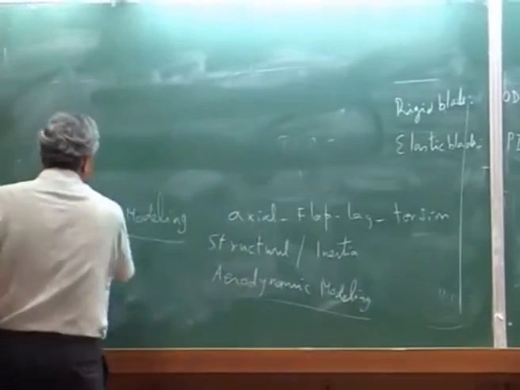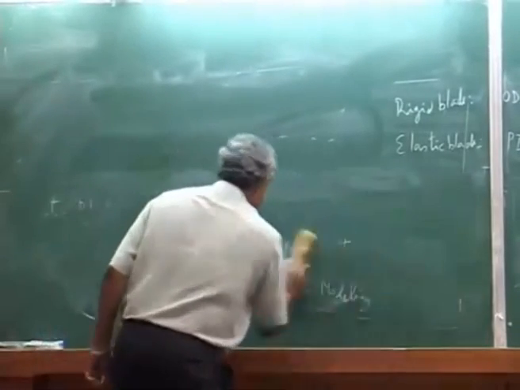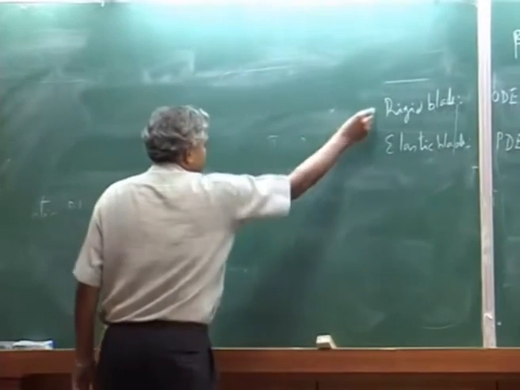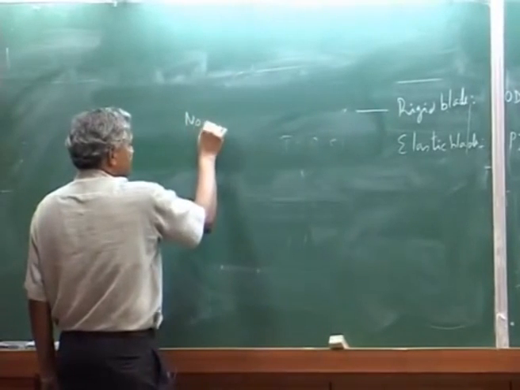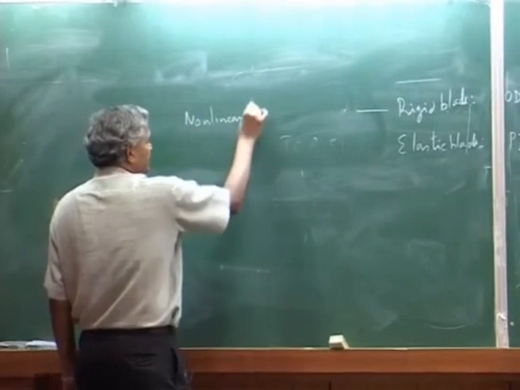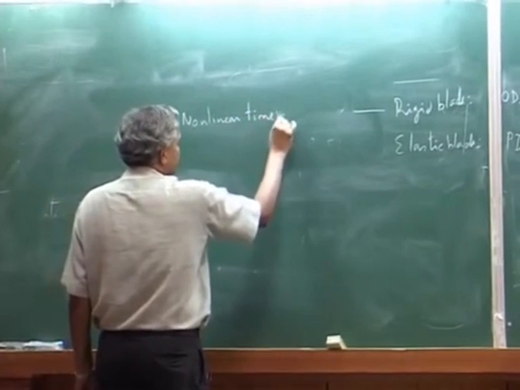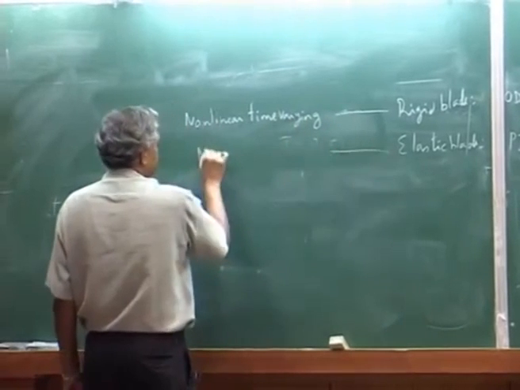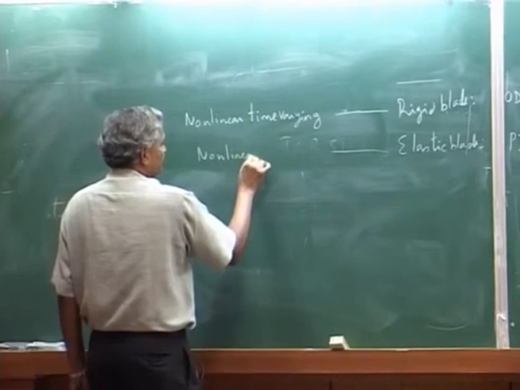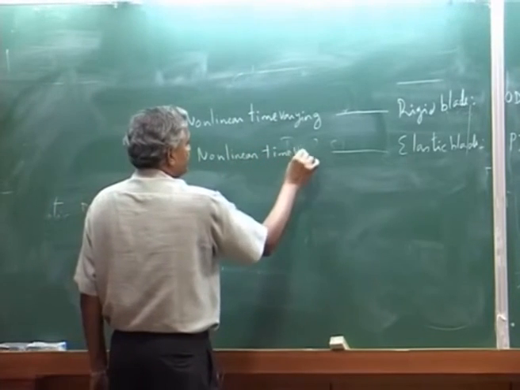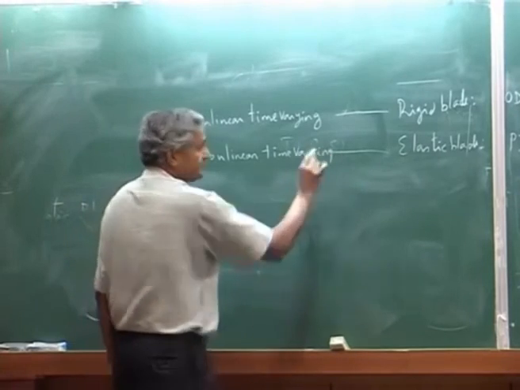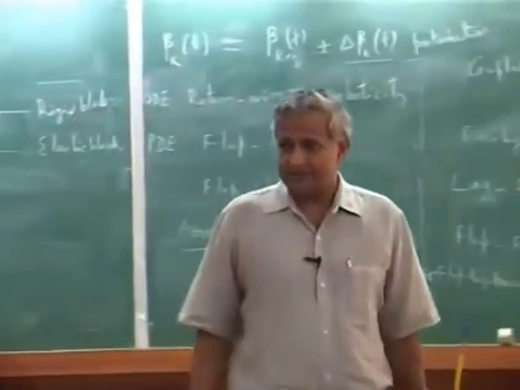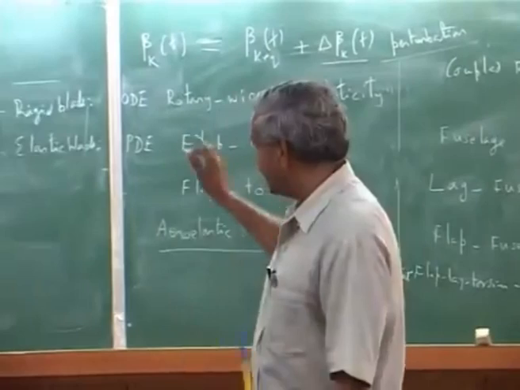Now, what are the various other additional characteristics? I am just giving you only the description. This ODE will be nonlinear, with time varying coefficients. This also nonlinear, time varying. Because unless you look at the equation, you will not know what I am talking about.